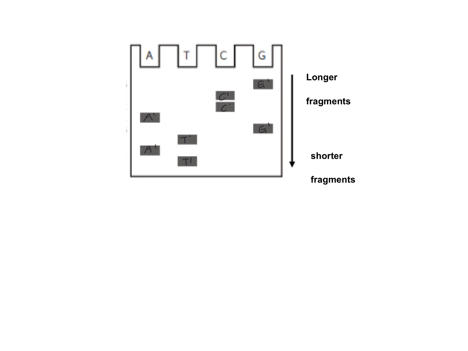We know that the shortest fragments will have travelled the furthest distance, and the longest fragments will have travelled the shortest distance. So now we just need to read where those bases have appeared in order to come up with the original sequence. The shortest fragment ends in thymine, which means the first base that I'm reading off here, I've got terminator thymine.